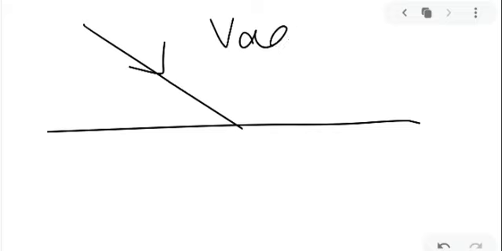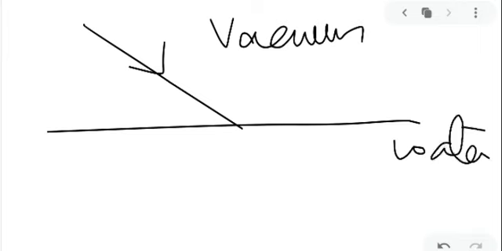Okay, so there is also one special feature. When light travels from, say, vacuum to water, the refracted ray bends towards the normal, deviates towards the normal.